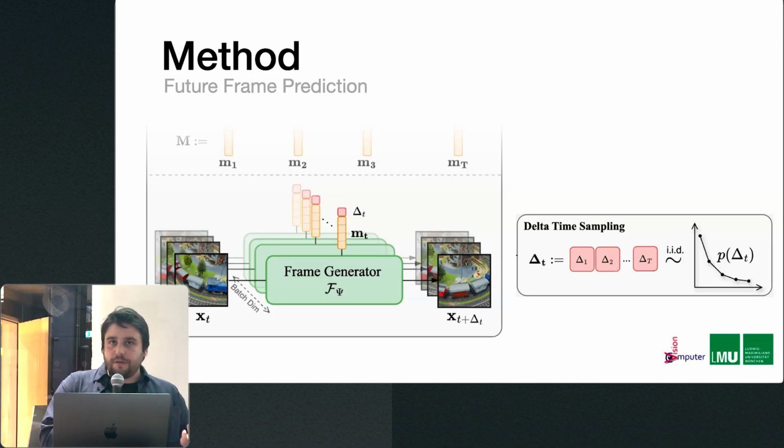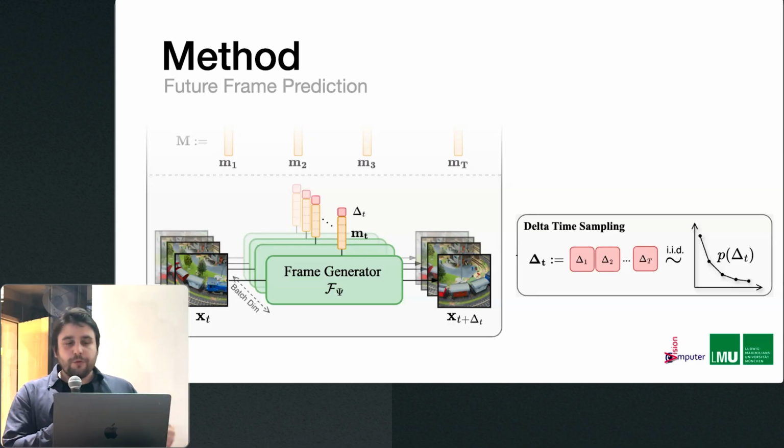The motion stream acts as a bottleneck to the model. So the model is inherently incentivized to use the motion space as efficiently as possible. It takes all the static information from the source frame that is provided and only encodes an abstract representation of the delta in the motion embeddings.